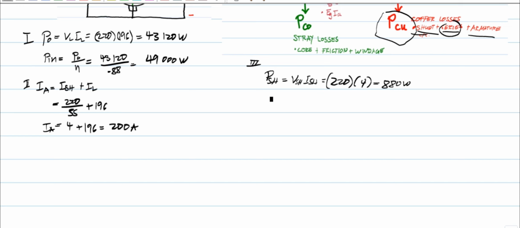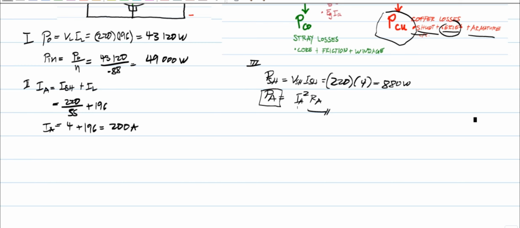And the armature loss, we have the copper loss of I squared Ra. Ra is missing and we already have the Ia. Now we are going to find the PA.